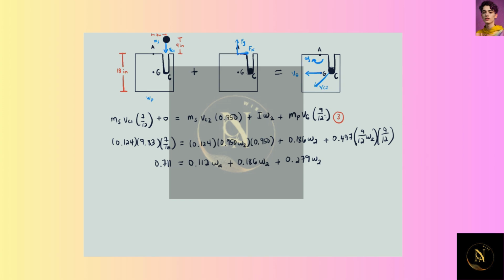Further simplifying, we have 0.711 equals 0.577 omega.